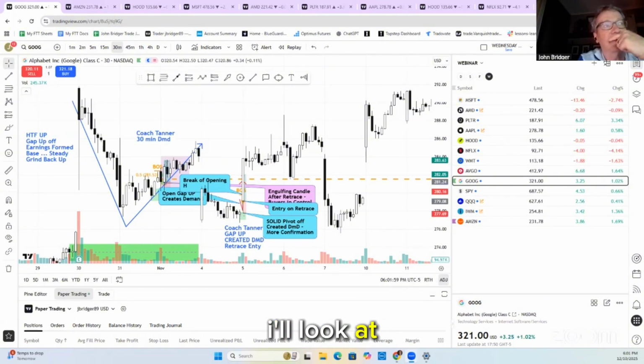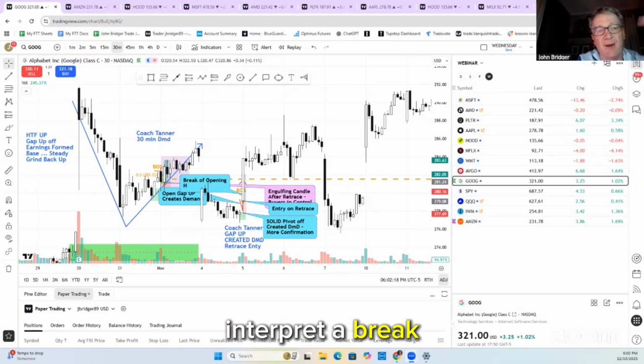The second question you'll look at is, what was the quality of the breaker structure? There's a lot of different ways to get your signal for what we call breaker structure. There's not just one way to do it. There's a classic way, which is that 50% retrace break. But there are other ways too that you can interpolate a breaker structure to give you the confidence to take the trade.